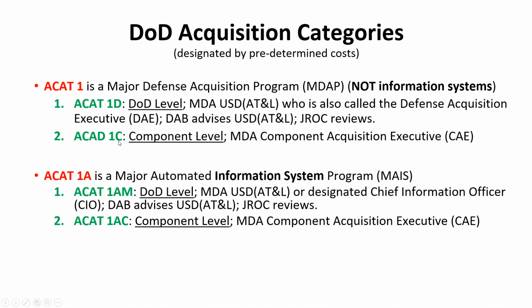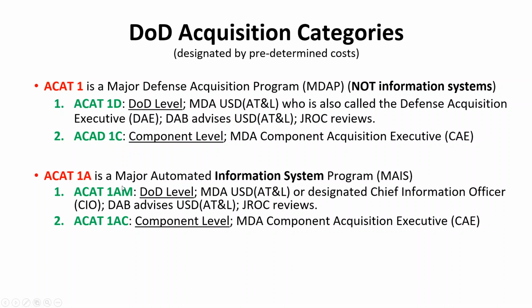The C behind it tells you it's a component level: Navy, Army, Marine, Air Force. That means their acquisition person is responsible for being their milestone decision authority if it's at their level. So their component acquisition executive is the decision maker.